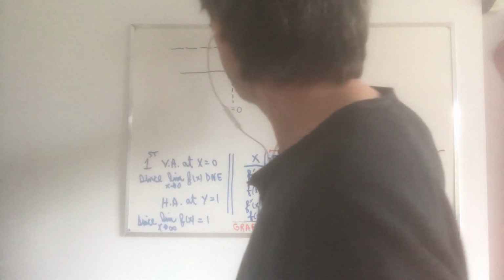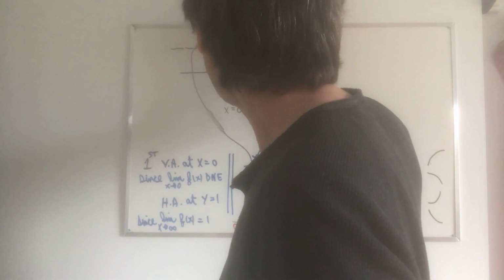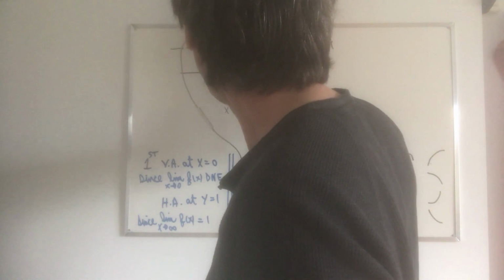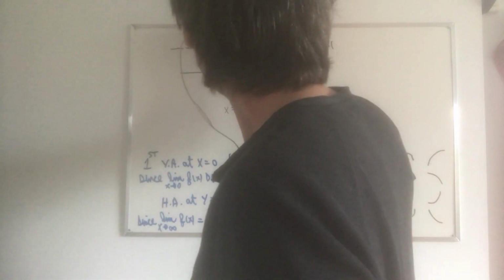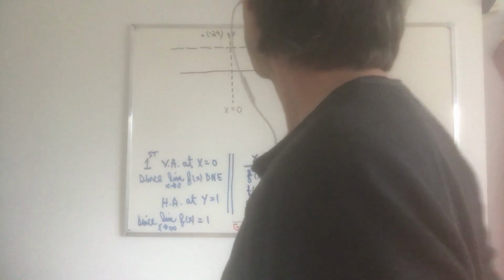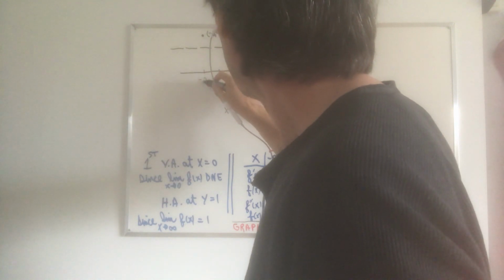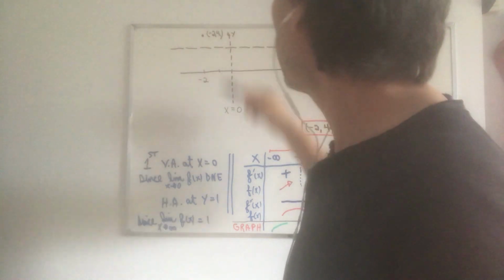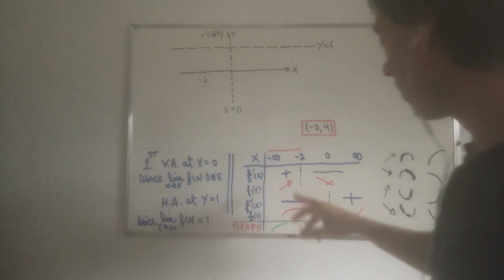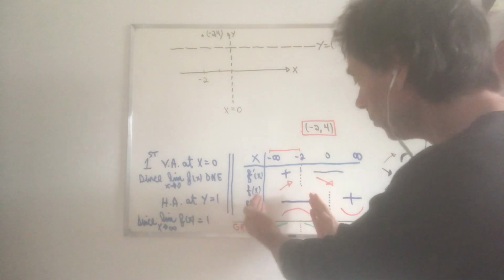So let's say minus 2, 4 is here. So minus 1 would be here and minus 2 would be there. 4 has to be above this line here. And now I'm going to basically use the information here to glue that to the graph.